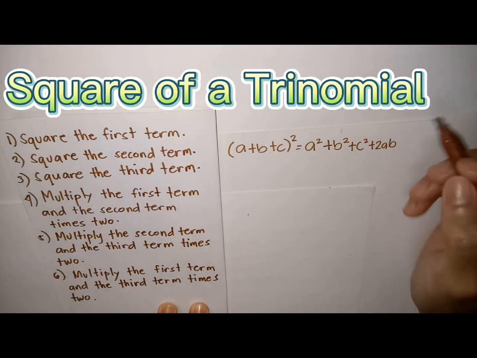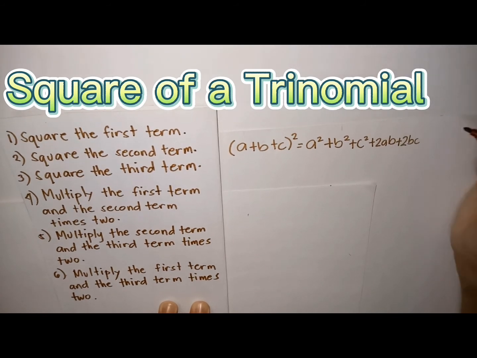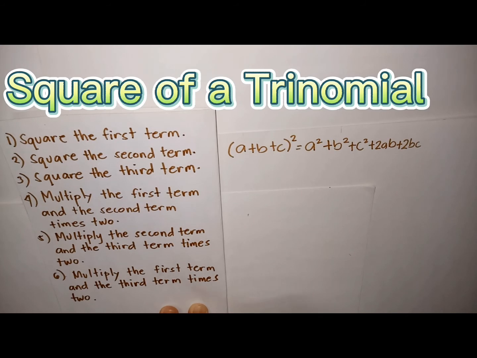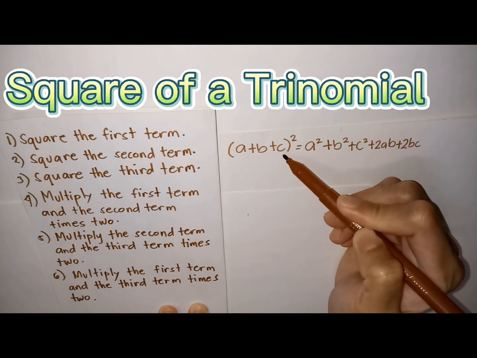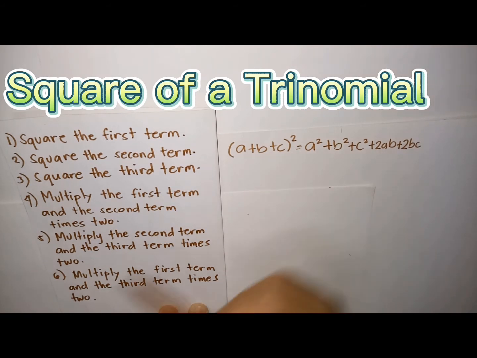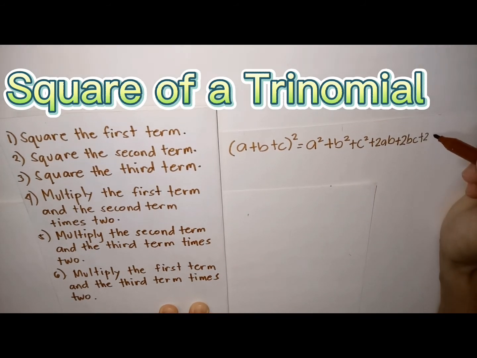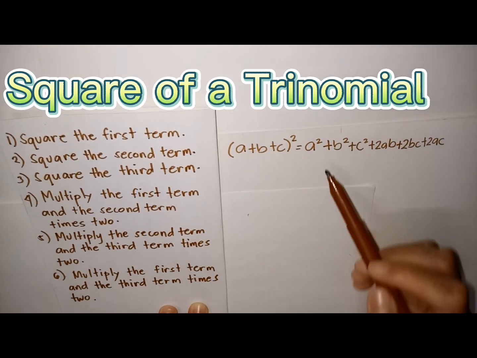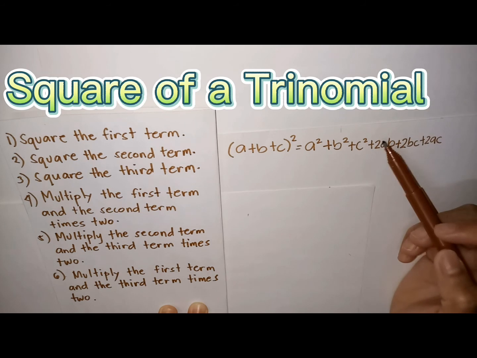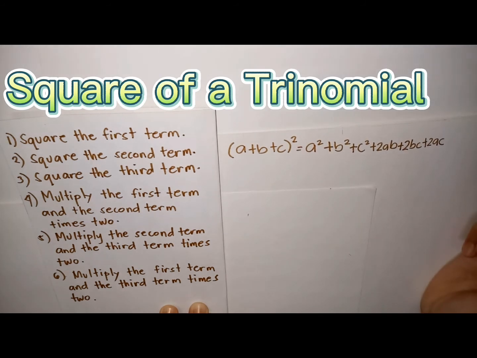So we will have plus 2bc. For our last step, we have multiply the first term and the third term. So our first term is a times our third term, which is c. So ac times 2. So we have here plus 2ac. So we have a squared plus b squared plus c squared plus 2ab plus 2bc plus 2ac.